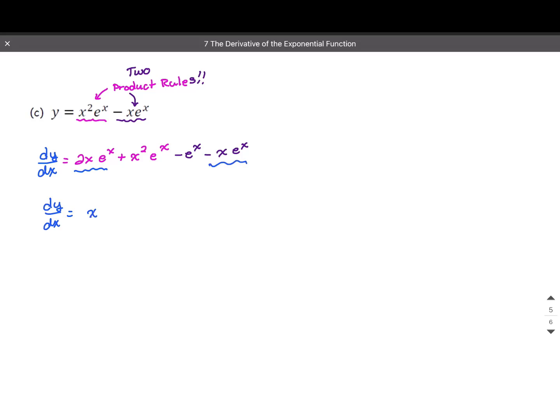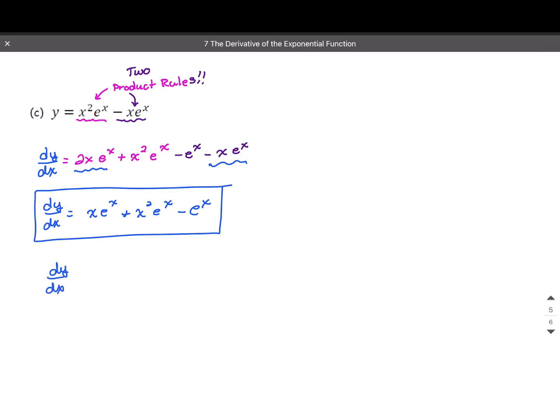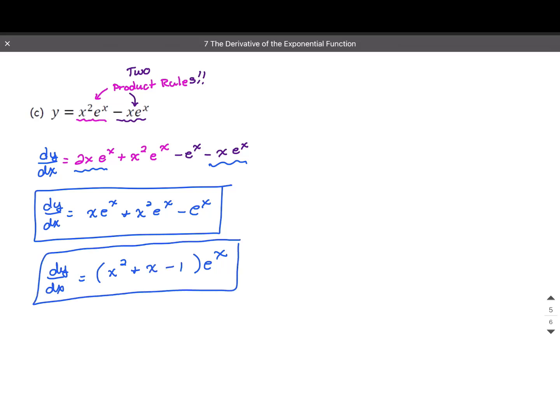So I have 1x e to the x plus an x squared e to the x minus e to the x. Now technically this is fine, but some of you might want to factor out a common e to the x, and that would leave us with x squared plus x minus 1. Both of these are fine for me, okay?